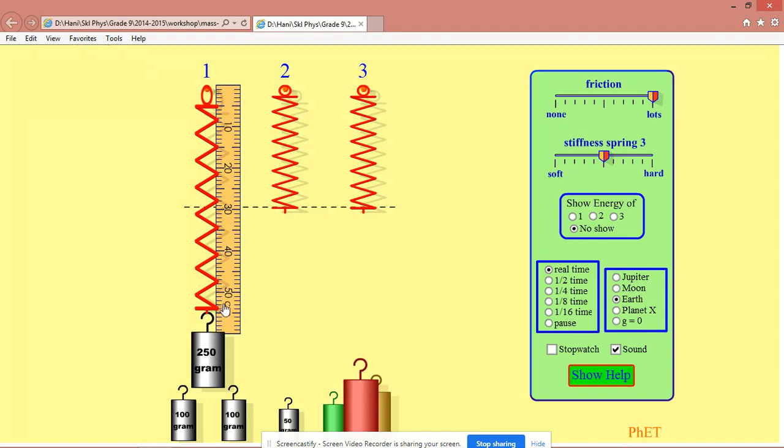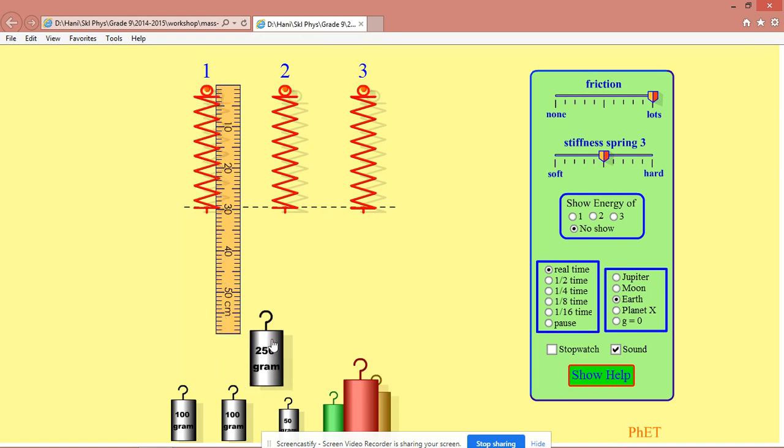So the elongation is 54 minus 30, which is about 24 centimeters. Now we can apply Hooke's law to calculate the stiffness of the spring.